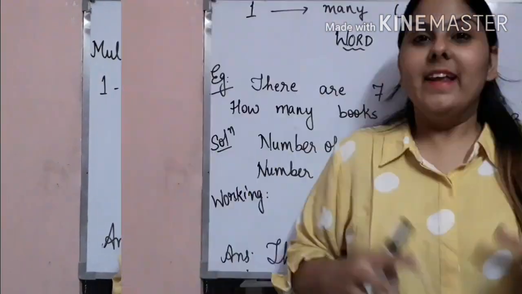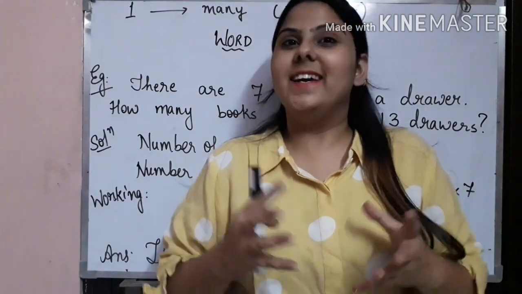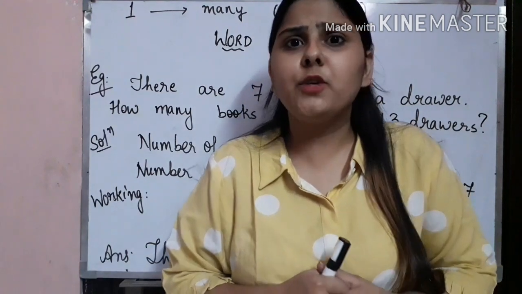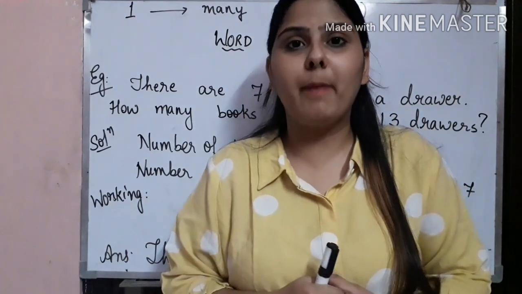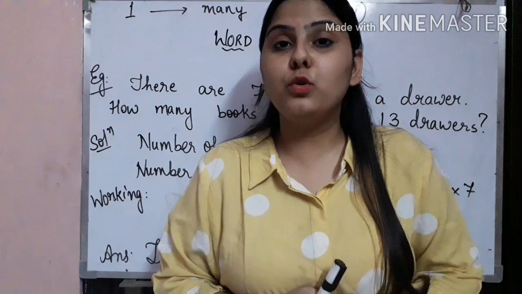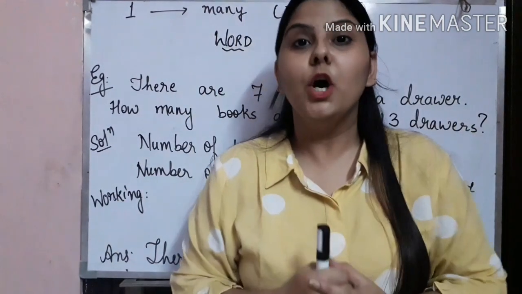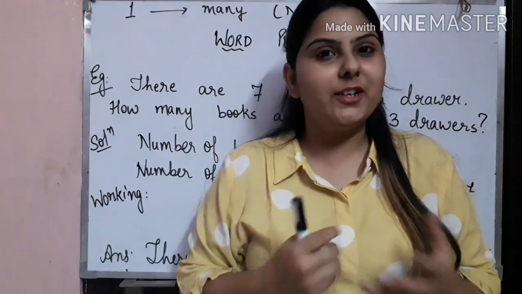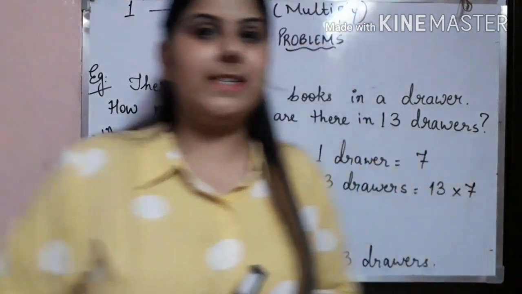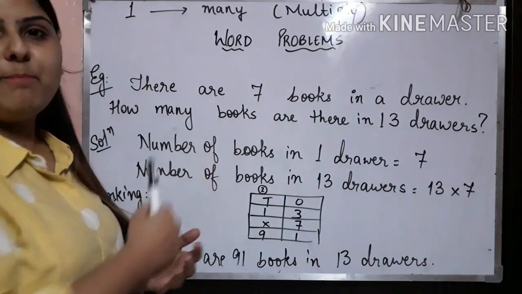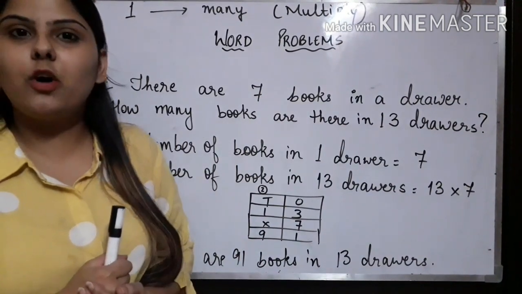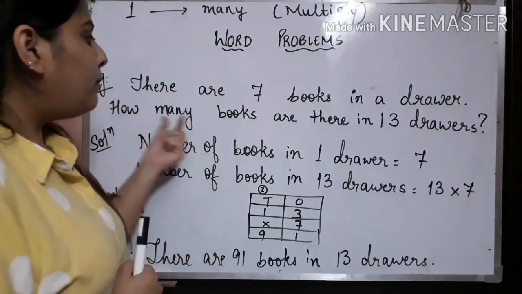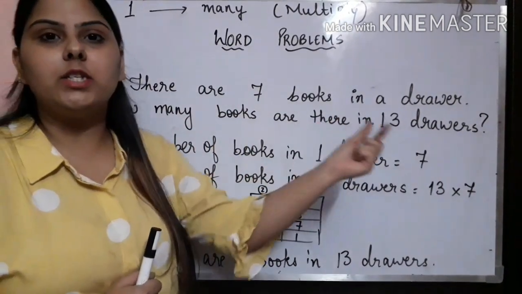Last but not the least, it is the time for the word problem. Do you know that whenever you know something about one item and you want to calculate it for many items, you follow the concept of multiplication? So I have here taken one example which says in one drawer there are 7 books. How many books are there in 13 drawers?